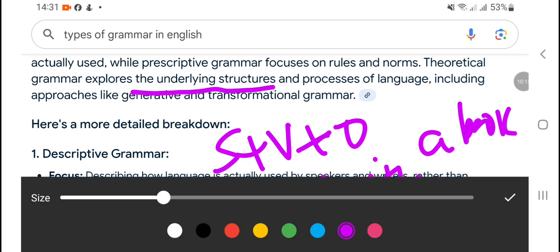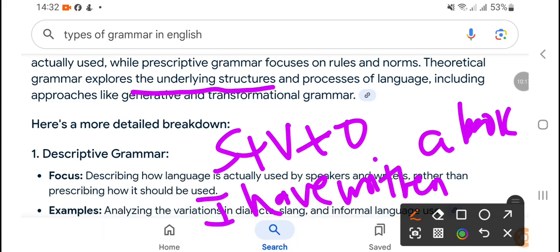The process is where to use the article, before the noun or after the noun. I have written book, a book. So this is the process. This is called process. Okay.